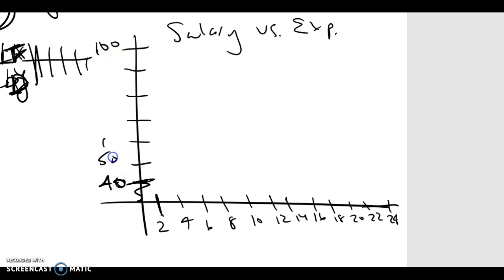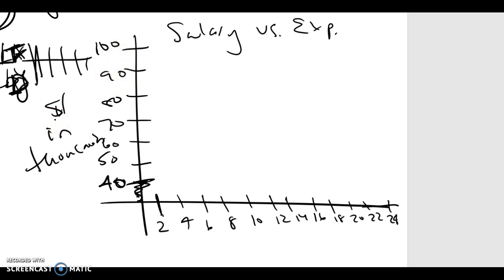So again, see how these have consistent units? But I skipped a bunch of numbers there, so I need my little zigzag. And this would be dollars in thousands. Otherwise, you could write them out, 90,000, 100,000, or just put money, whatever. Okay. So now we would just plot these.